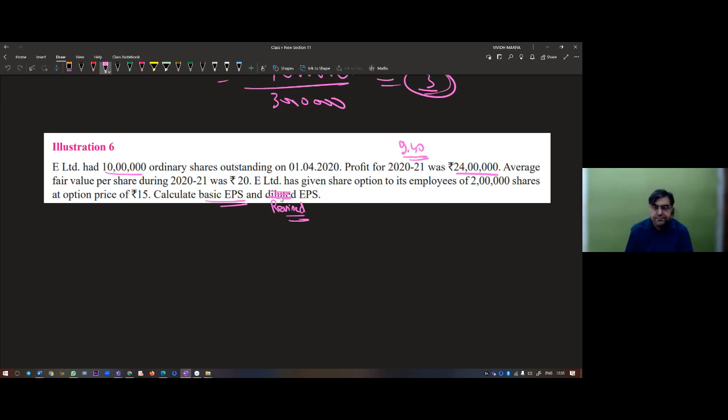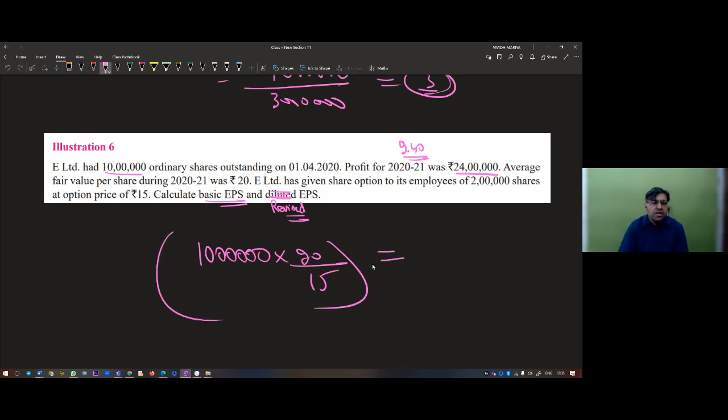Here we go. 10 lakh shares of 20. If we equate them, each share at 15, earlier the share was 20, now the average price is 15.